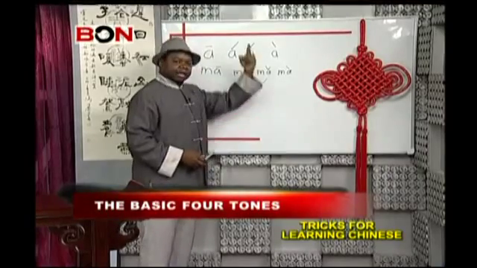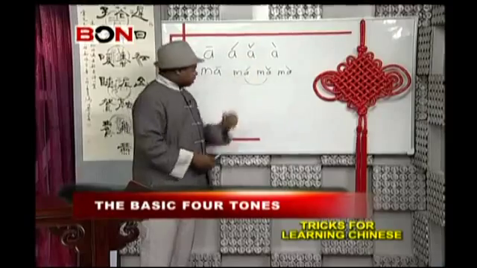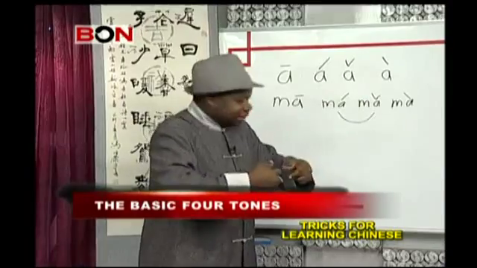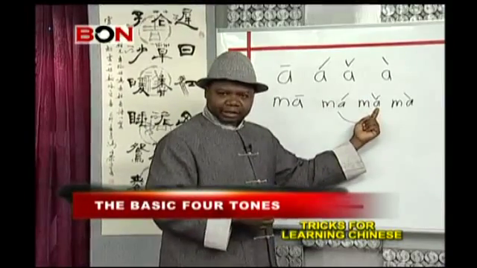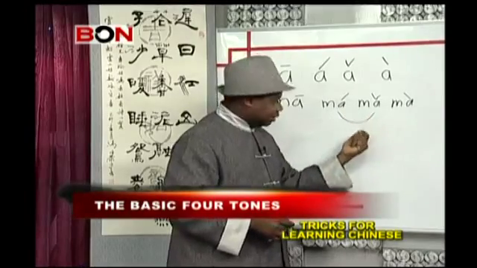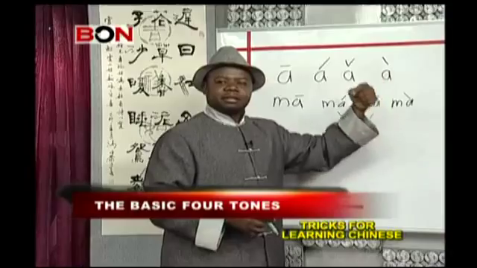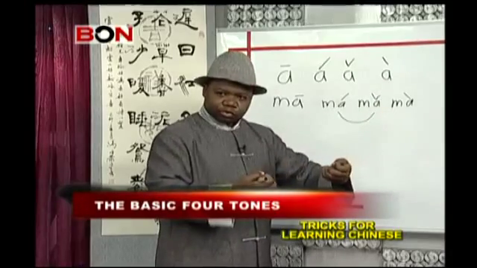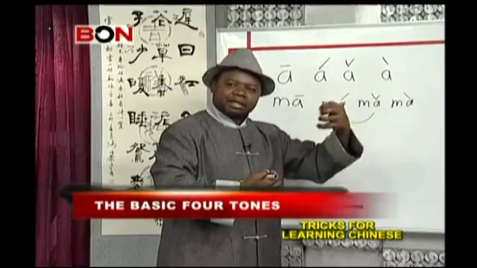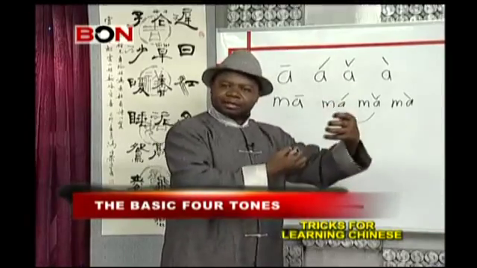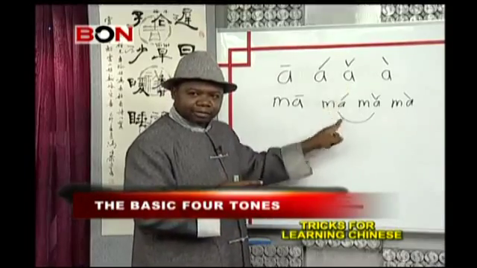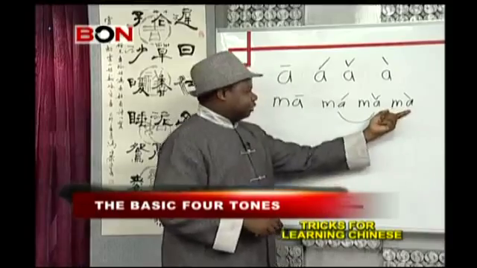But the third one first has a descending part, and we can separate it into 2 parts. You first have a falling part and then a rising part. But the second one is directly going up. Rising.